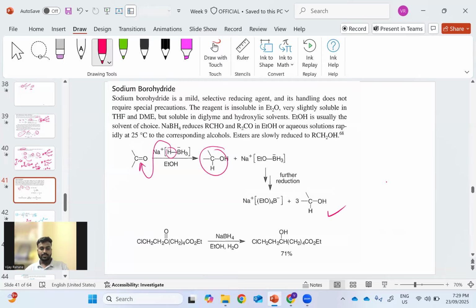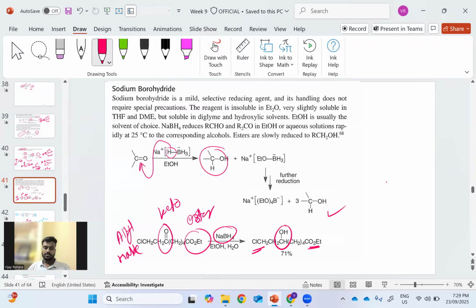So alcohol we get as a product, and in case we have a keto group, ester, and here we can see an alkyl halide. In this case, if you use sodium borohydride, we can selectively reduce only the keto without affecting the alkyl halide as well as esters. So this will give only reduction of the keto. So this is a milder reducing agent.